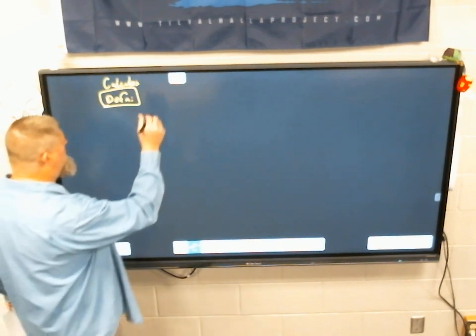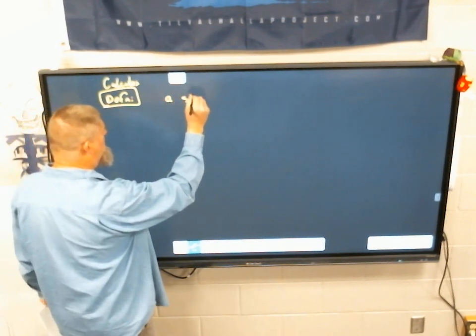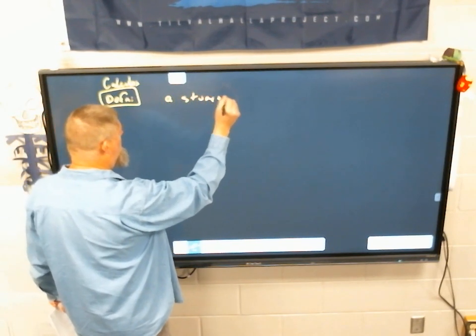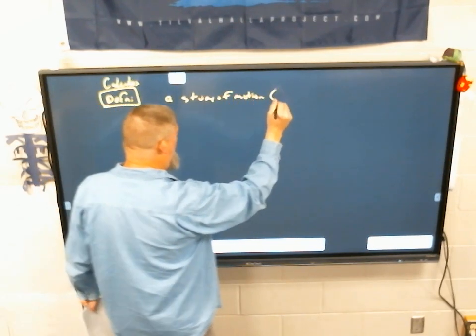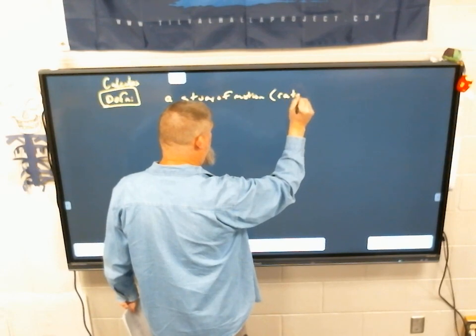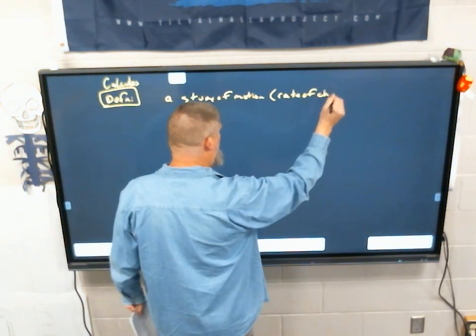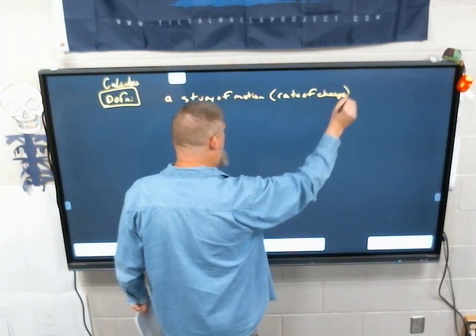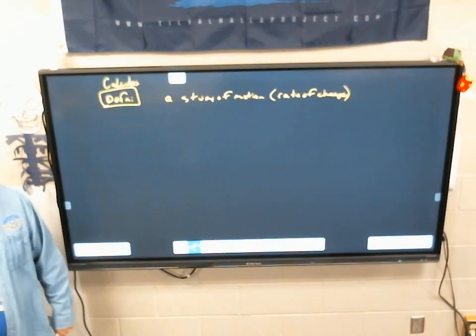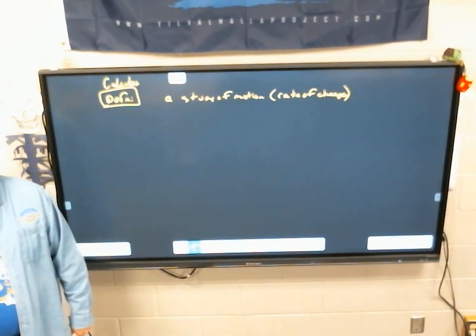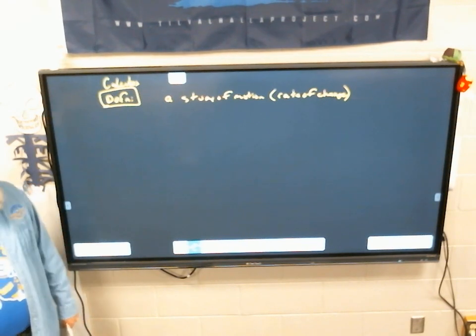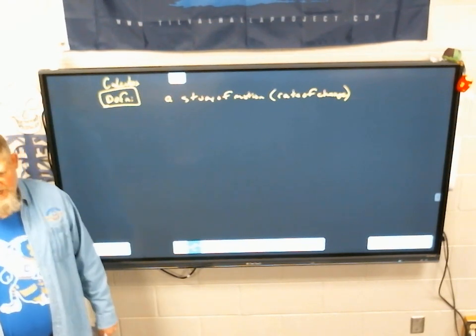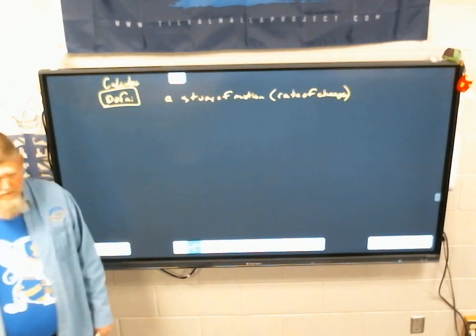Very simply, it's the study of motion, or we're going to call it a rate of change. Now from Algebra 1, what was the rate of change? There's a 5-letter word that we do all the time in Algebra 1. Slope. So study of motion is the rate of change, how it's changing from place to place.